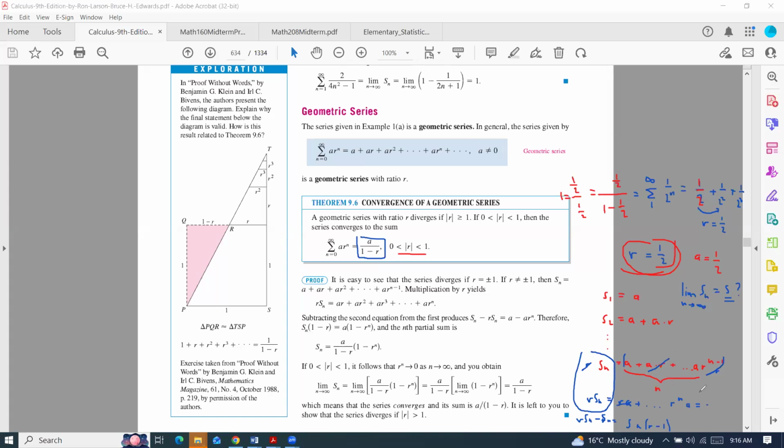They will all cancel, and the only thing that will remain is r to the power of n times a. So that's actually not minus, it'd be plus, and the minus will be a, right? Because I subtract from the second row the first row. And then I can factor out a and have r to the power of n minus 1.